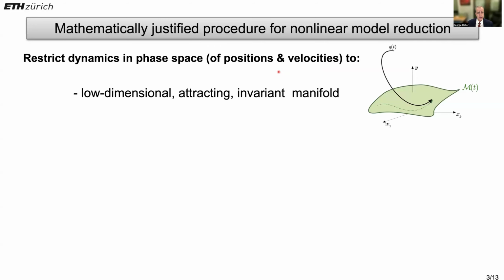So I'd like to do that in a mathematically justified setting, at least for the problems that I'm going to discuss today. And one such mathematically justified setting is when we know that there exists a lower dimensional attracting invariant manifold in the phase space, which is the space of positions and velocities.